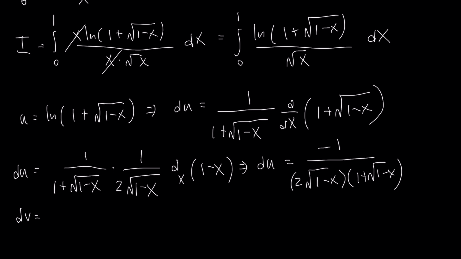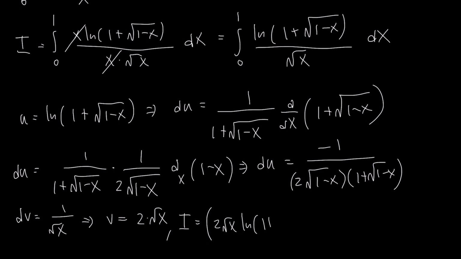And then dv will be 1 over the square root of x, which means that v equals 2 times the square root of x. So using all this information, we have that our integral will be u times v, which is 2 square root of x, natural log of 1 plus the square root of 1 minus x, from 0 to 1, minus the integral from 0 to 1 of v du.